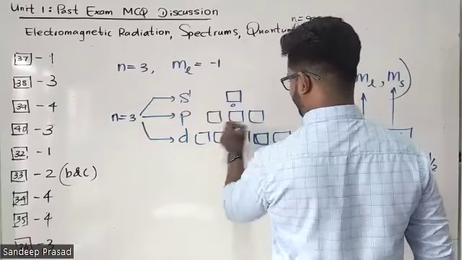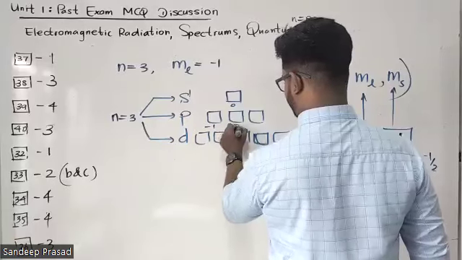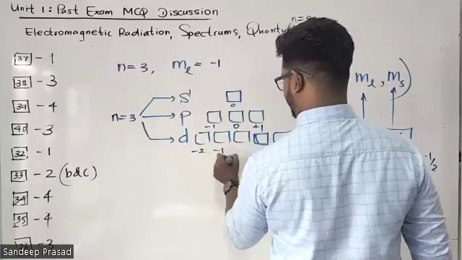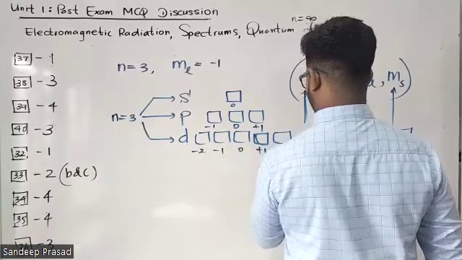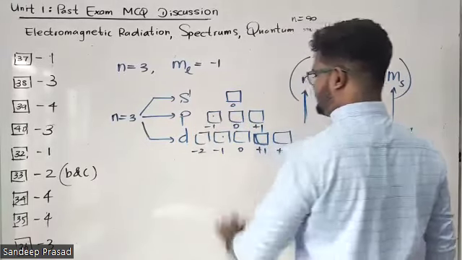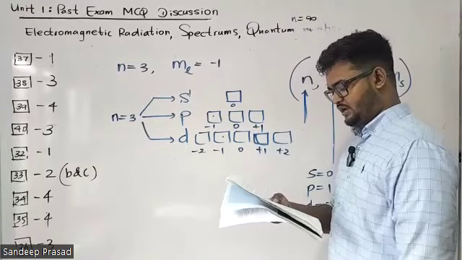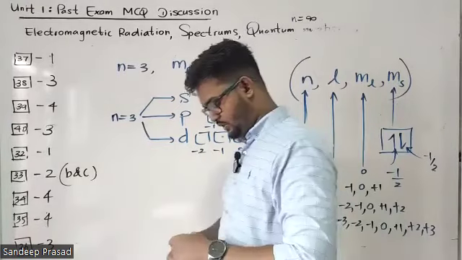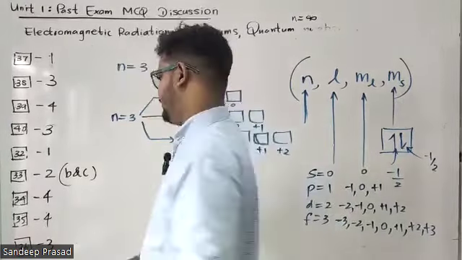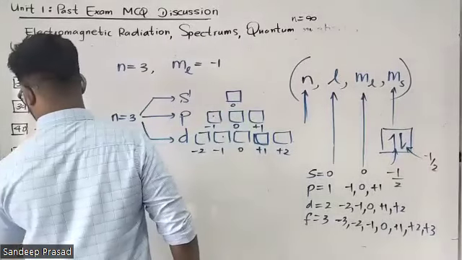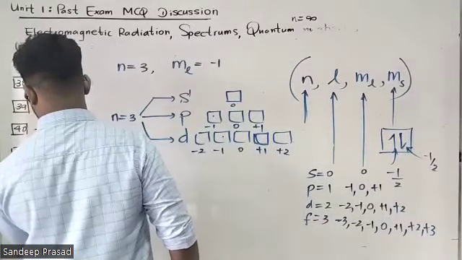For S: 0. For P: minus 1, 0, plus 1. For D: minus 2, minus 1, 0, plus 1, plus 2. So therefore, there are 2 atomic orbitals which can represent the minus 1 magnetic quantum number. So therefore, orbitals are 2. Question number 41, answer is second.